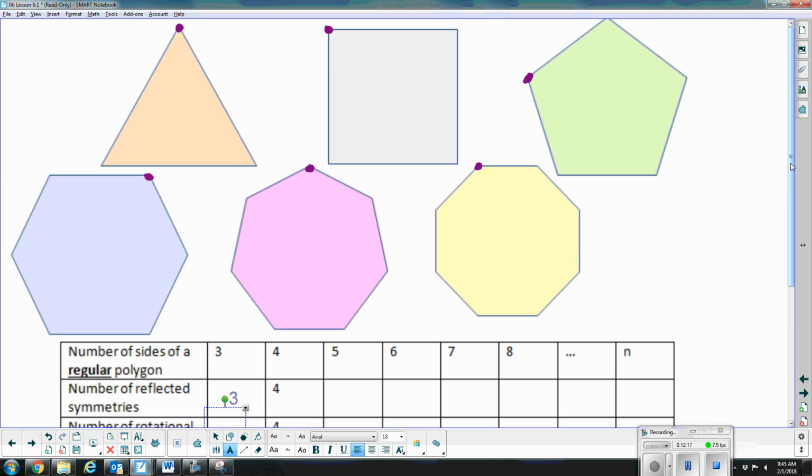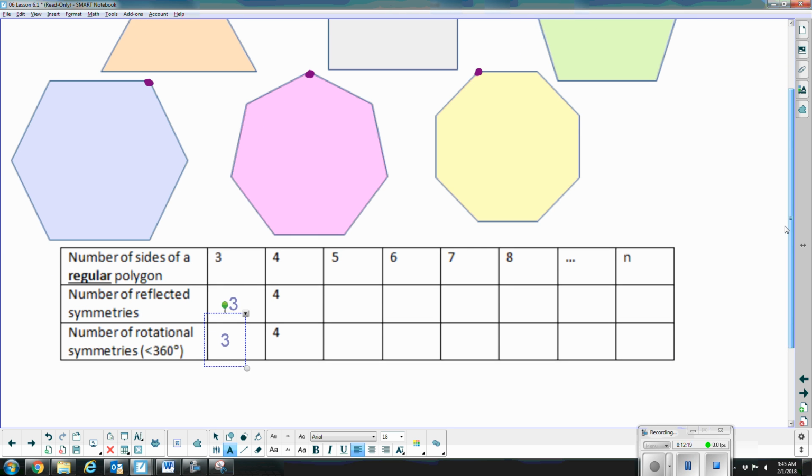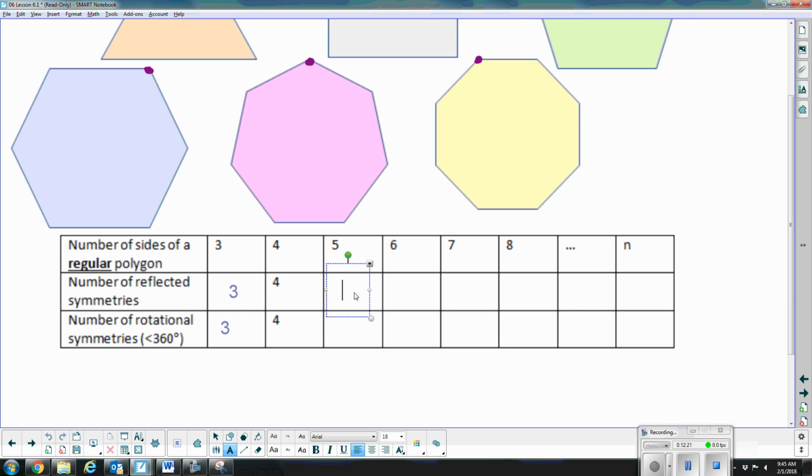So that is filled in for you. With a pentagon, you should have seen 5 reflected symmetries and 5 rotational symmetries. With a hexagon, you should have seen 6 rotational and 6 reflected. Heptagon, 7 reflected and 7 rotational. And octagon, you should have seen 8 reflected and 8 rotational.